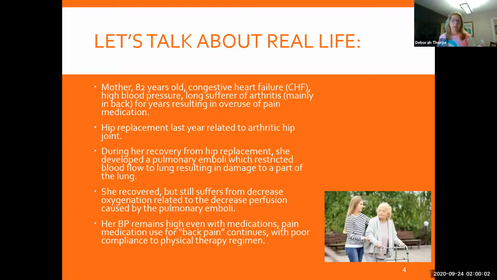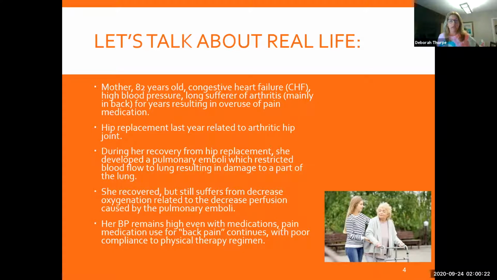She has high blood pressure, and she's suffered for a long time with arthritis, and that results in overuse of pain meds at times. She had a hip replacement last year, which was related to her arthritic hip joint.